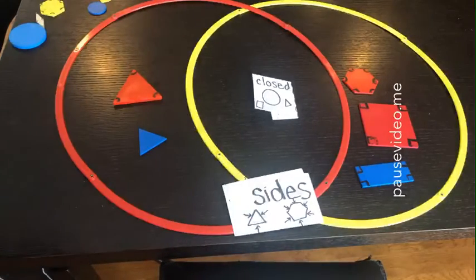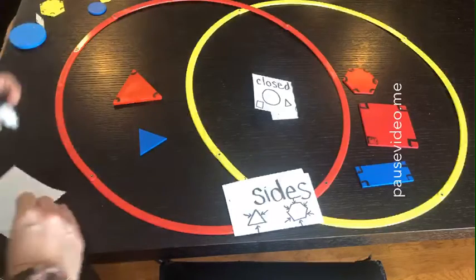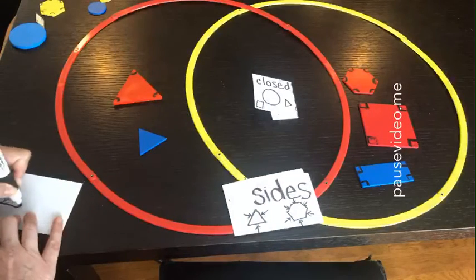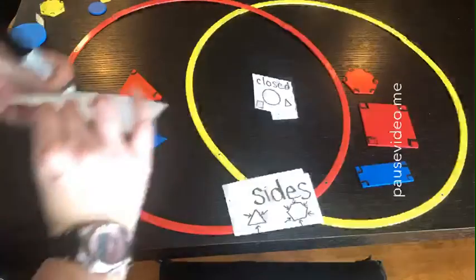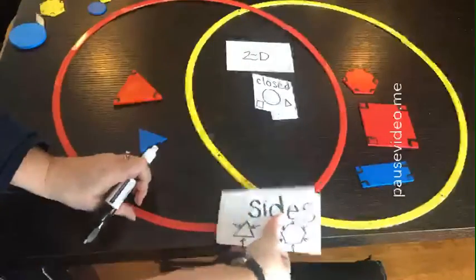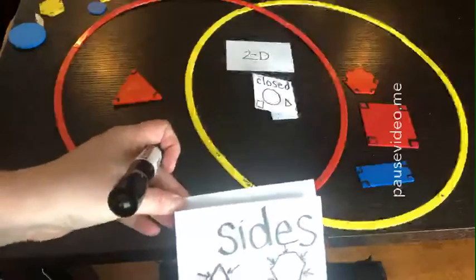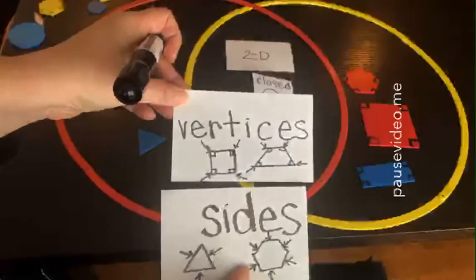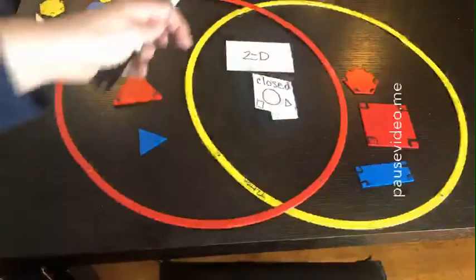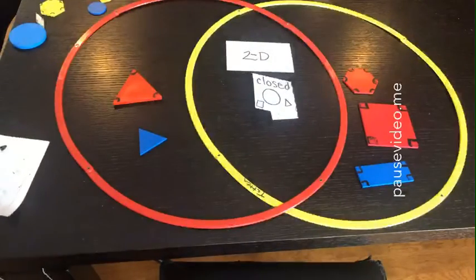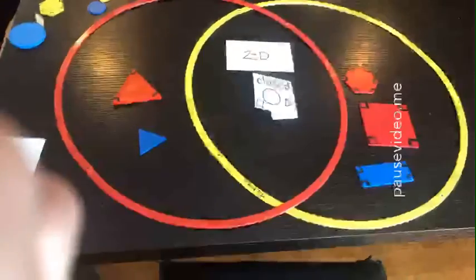So if I wanted to make another card here, I could say they're all 2D shapes. They have different sides, they have different vertices, but they are both closed shapes and they're both 2D shapes. Now I want you to go ahead and practice looking for those attributes as you do your independent practice.